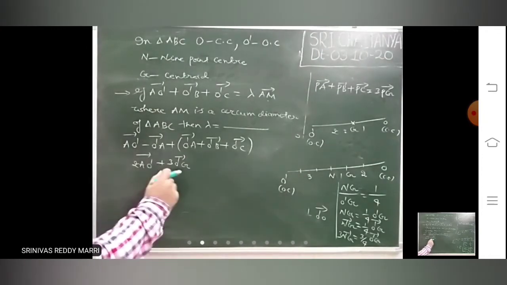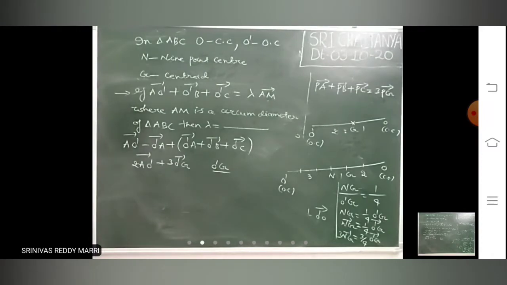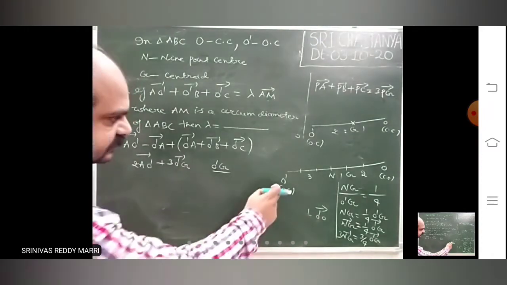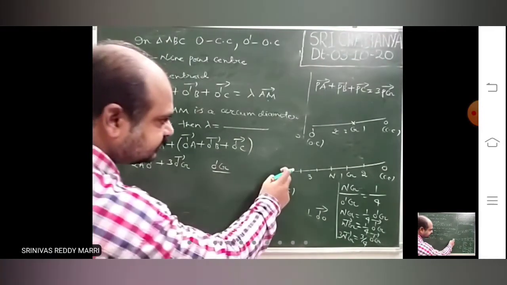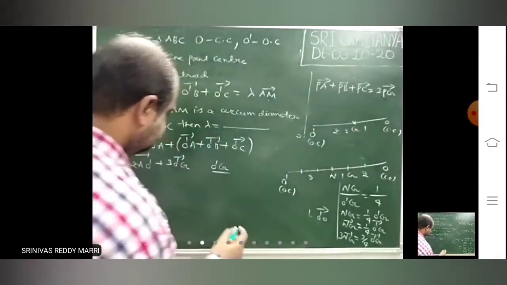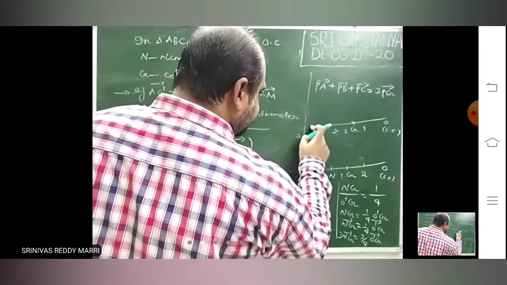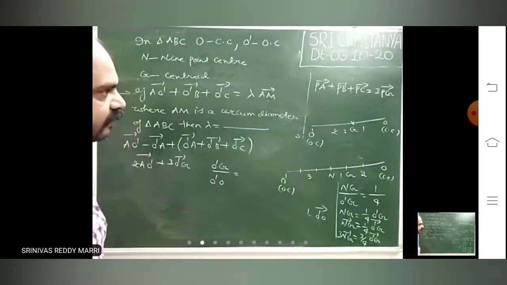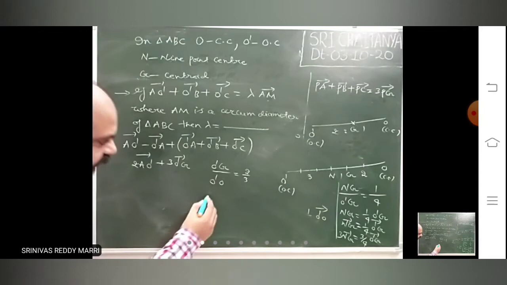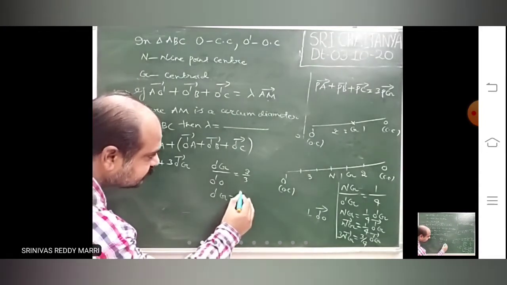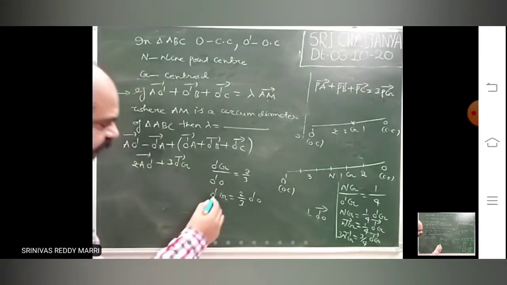Look at the relation. O'G divided by O'O is nothing but 2 divided by 3. That means O'G is 2/3 O'O. They have the same direction.